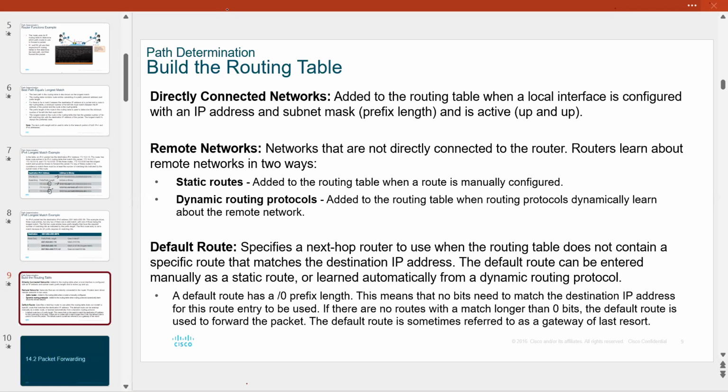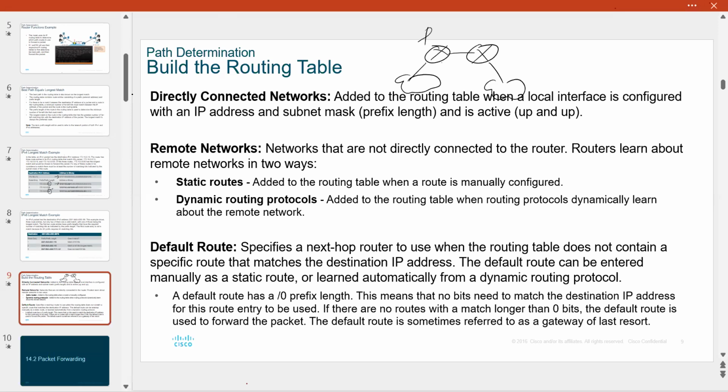Right, we have what we call directly connected networks and remote networks. I think I've explained the difference between these two. A directly connected network: if I have a small network like this with 2 routers, and we have a LAN here and a LAN here.